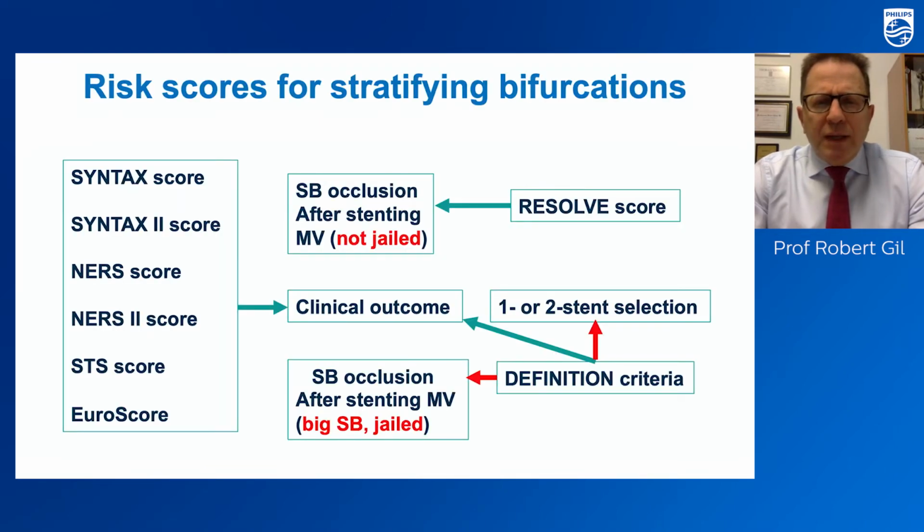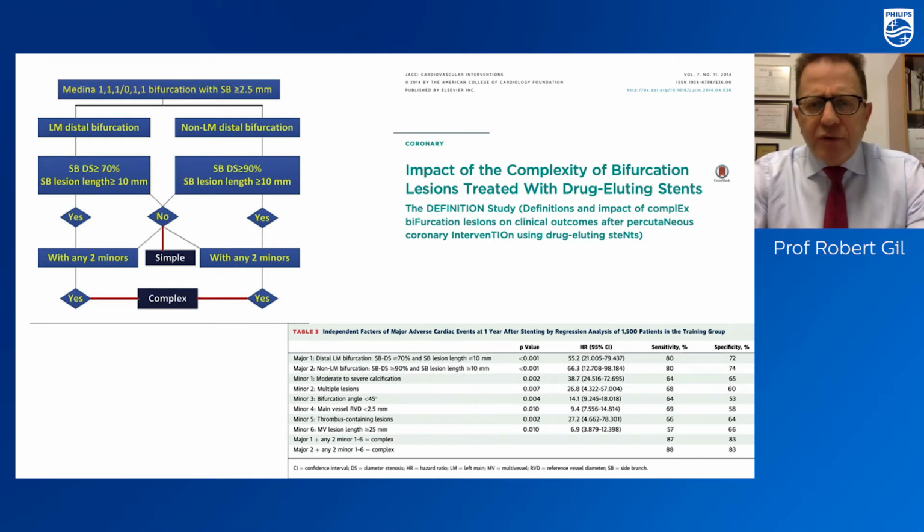But of course, stratification for coronary bifurcation, as for other parts of the coronary vasculature, is much more complicated, because on one hand we have to take into consideration the angiography and clinical status of the patient, but then we have to base our decision on one or two stents on much more detailed features.